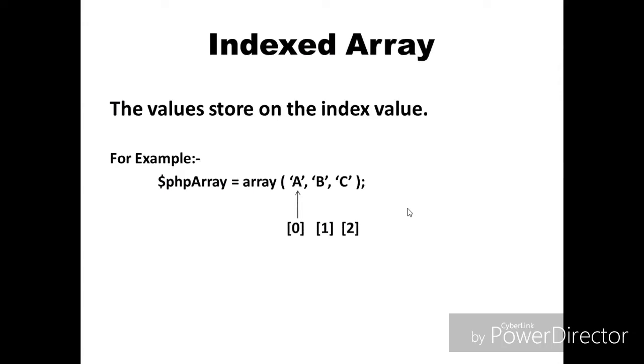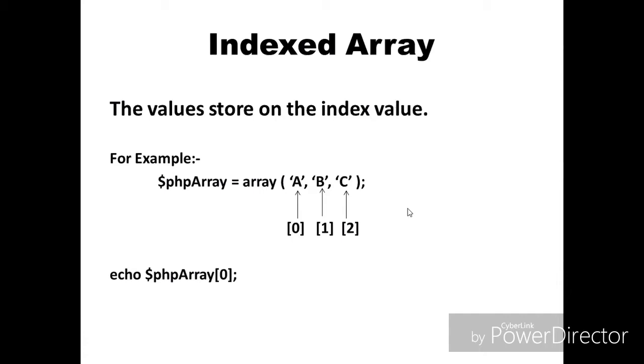It means the value a will be stored at index 0, b will be stored at index 1, and c will be stored at index 2. Suppose we want to get the value of a, then we will write the code like this: echo $php_array[0], because the value a is stored at index 0.